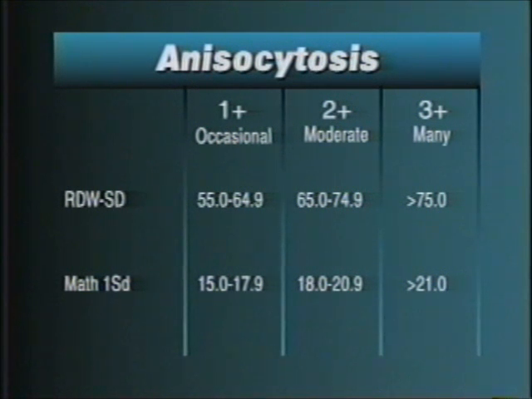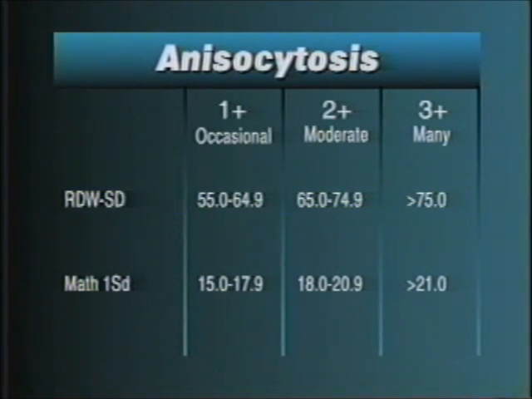The first of the morphologies that we want to talk about is anisocytosis. Some places that report out the RDW-SD have eliminated using the term at all in their differential and smear review reporting of red blood cell morphology, and they just rely on the RDW-SD. If you do have an RDW-SD, that does work quite well. If you do have to put a plus or a comment after anisocytosis, you can see on your screen what the RDW-SD should be for it to be a 1 plus, 2 plus, or 3 plus.